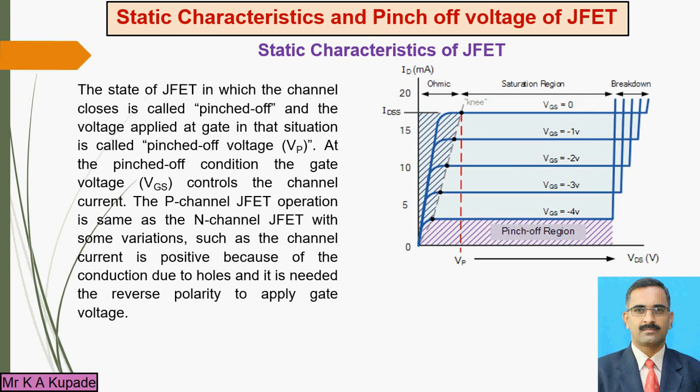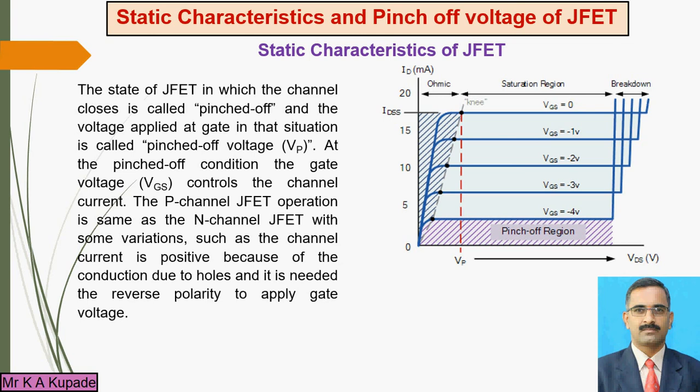Now whatever concept I explained here for the N channel is the same for the P channel operation. The only difference is that for the gate voltage you have to apply a positive voltage to reverse bias the P channel JFET, because in the P channel you are considering holes as the majority carriers passing the current.